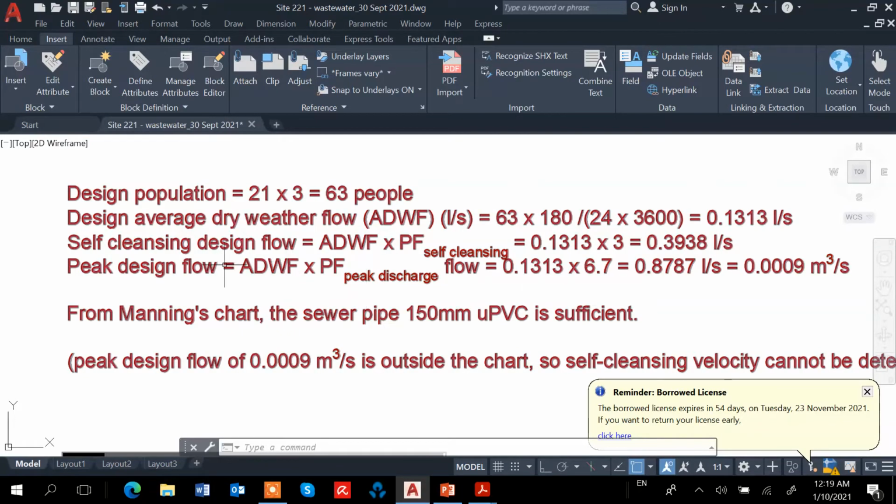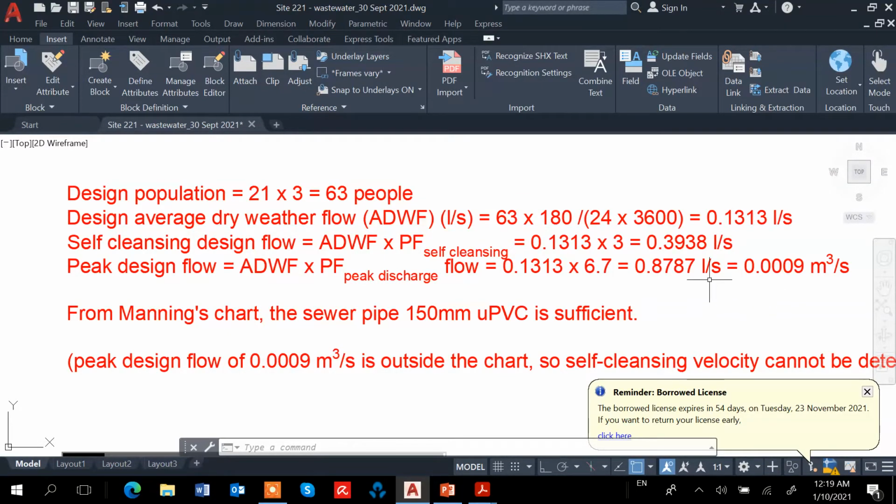And the peak design flow is the ADWF multiplied by the peaking factor of 6.7, that gives us 0.8787 liters per second. In the Manning's chart, on the right-hand column, they want the discharge in cubic meters per second.